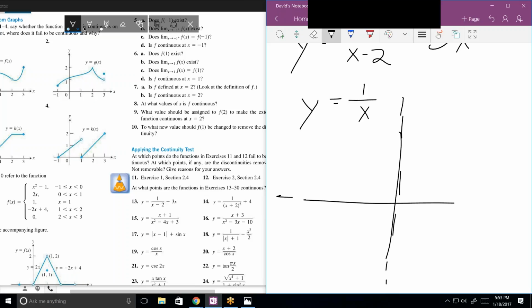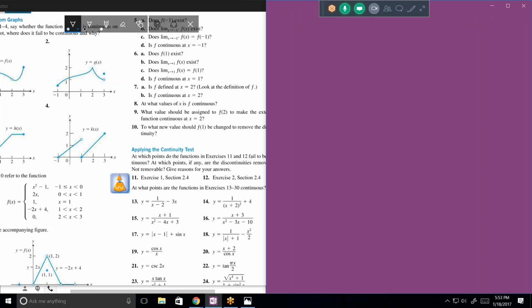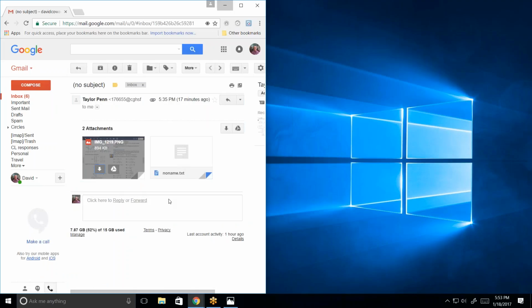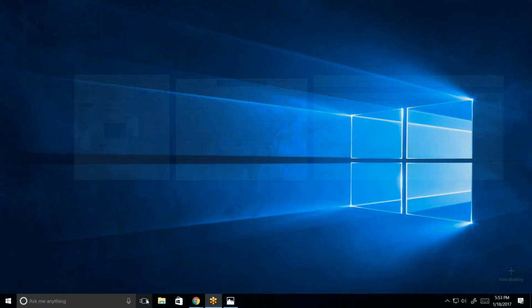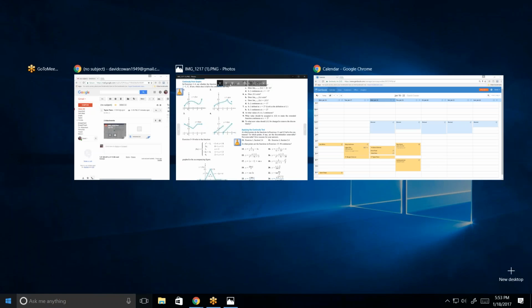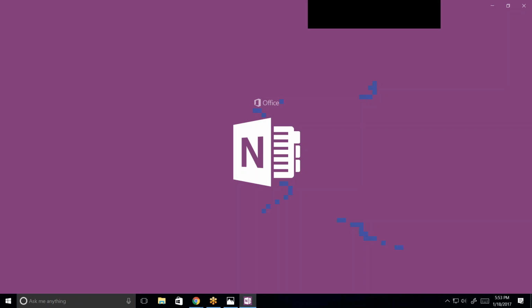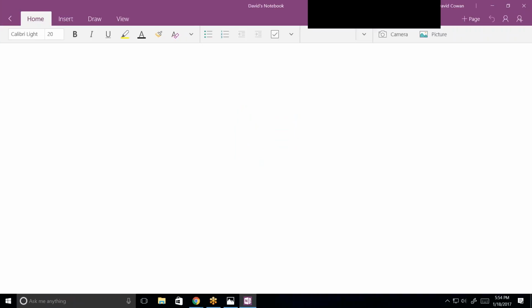Although my pen doesn't want to work. What the heck? What happened? Just a second. Wow. It made that whole page disappear. It will come back up in a moment.